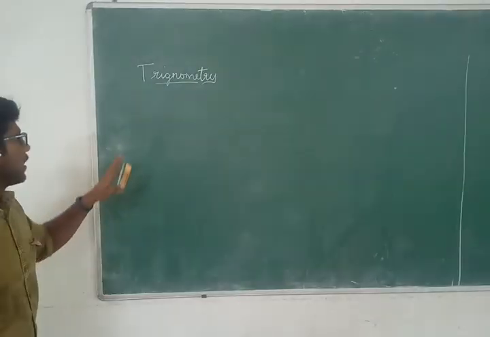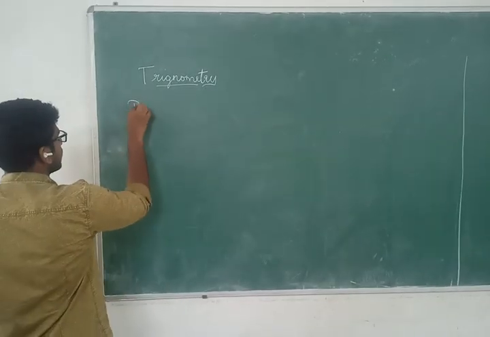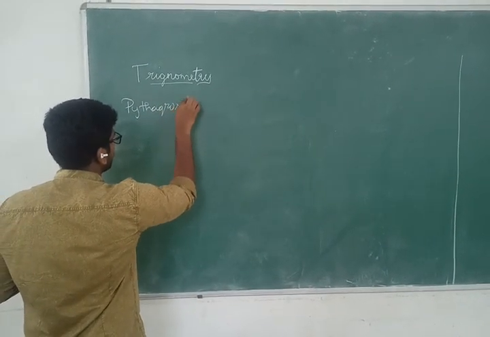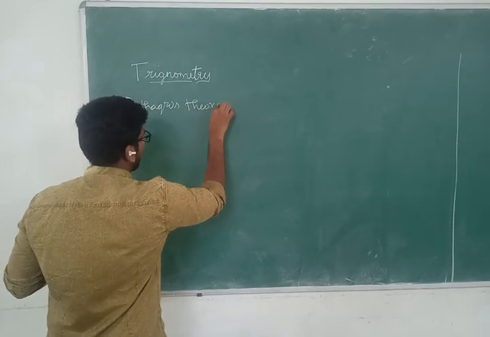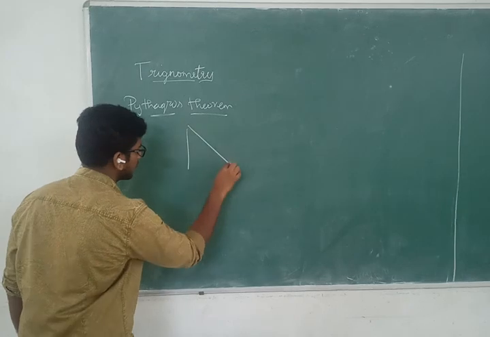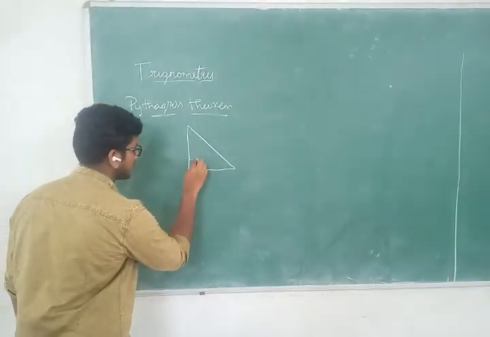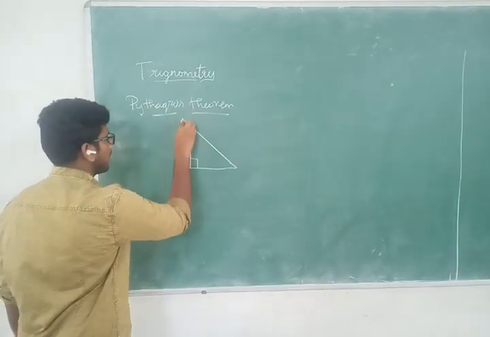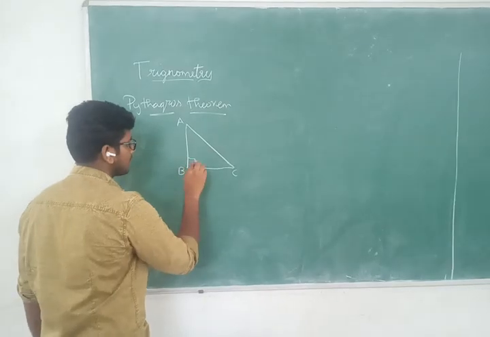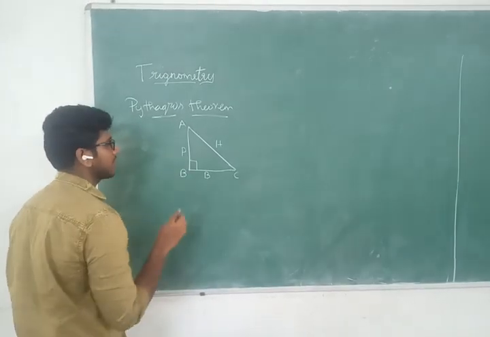Okay. I hope you know what the Pythagoras theorem is. Take a right angle triangle, and this is a perpendicular, A, B, C. This is the hypotenuse, this is the base, this is the perpendicular side.